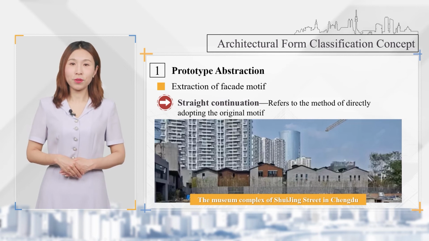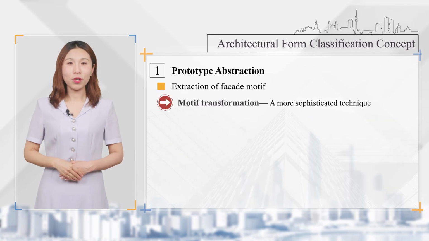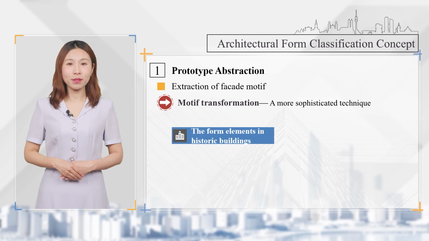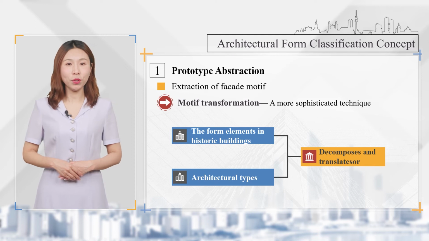The picture shows that this method can better realize the feature continuation of the space interface. Motif transformation is a more sophisticated technique that decomposes and translates the form elements in historic buildings or architectural types, avoiding superficial use of symbol stacking.